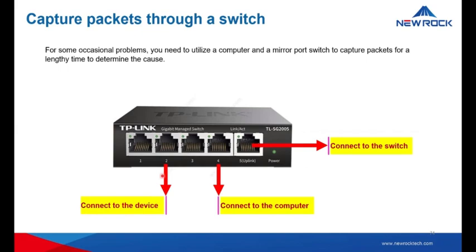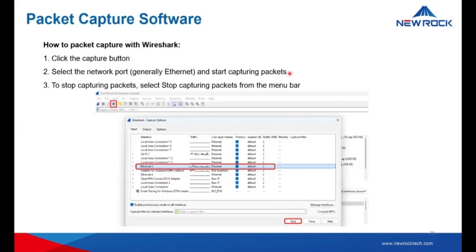After that, you have to use packet capture software, very commonly Wireshark. Click the capture button, then select the network port, generally the Ethernet, then start. After that, select stop capturing packets on the menu bar.